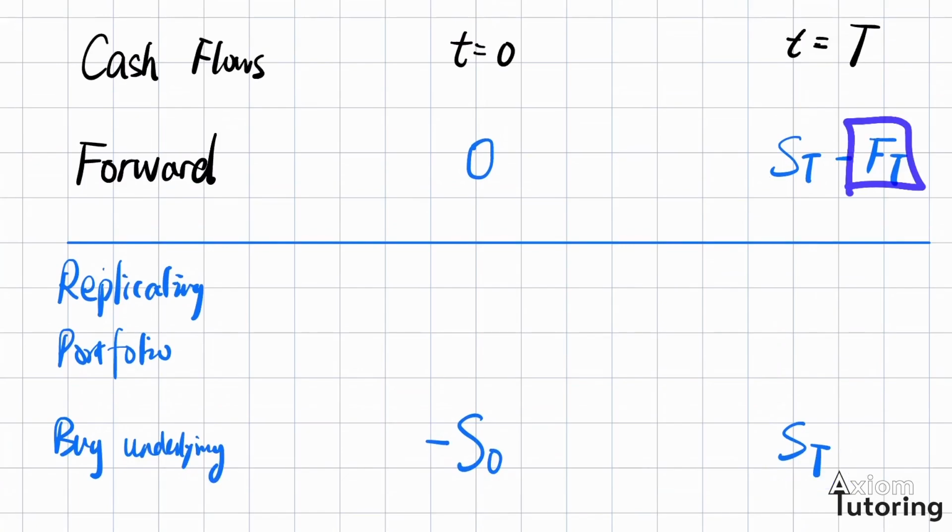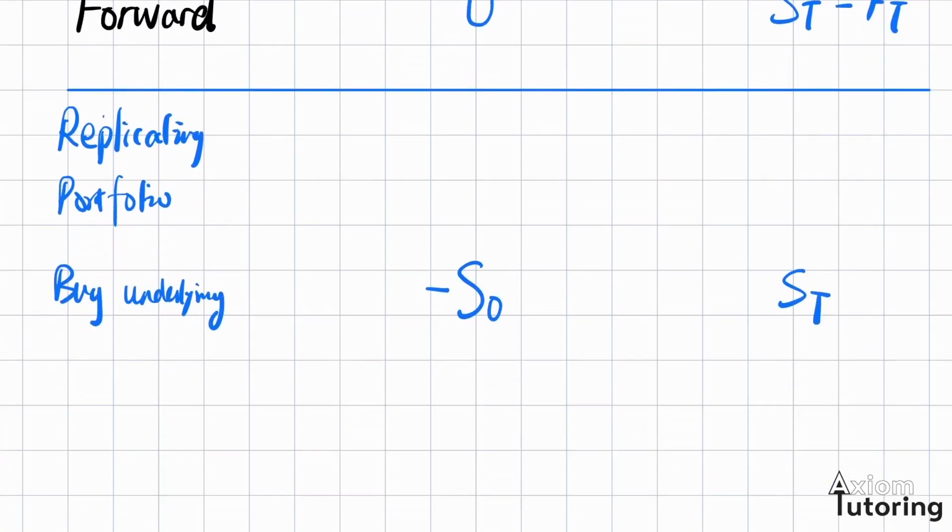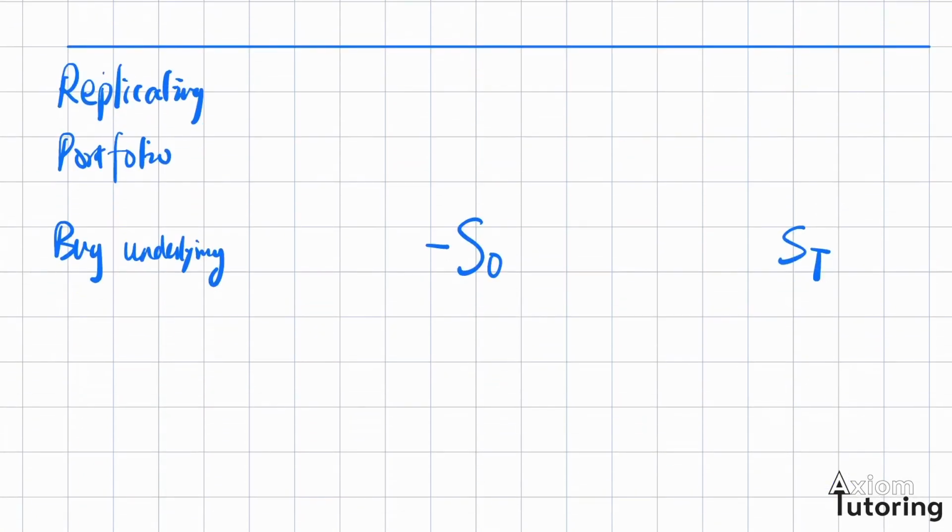And what about the negative F_T here? It seems like a standalone cash flow. Whenever we have this sort of standalone cash flow, it is pretty common to replicate it with a bond.